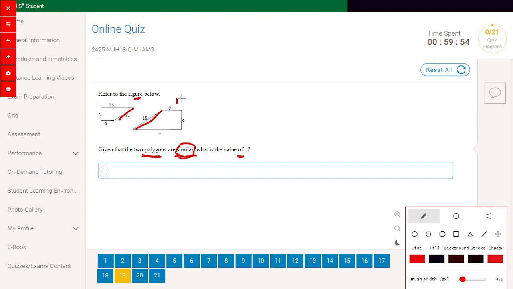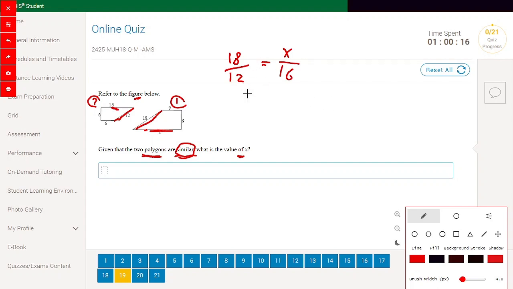So let's say this is polygon 1 and this is polygon 2. Okay? So this side is 18. So 18 divided by this side 12 will be equal. And this side is x, similar to this side, 16, so it will be equal to x divided by 16.